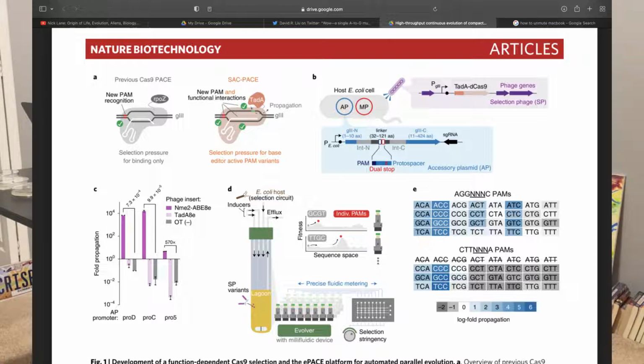Like they're saying the accessory plasmid. So this is the AP, the blue ring. I don't know what that is. And I Googled that stuff and it doesn't tell me what it is. So I don't really know what exactly they did here, but it kind of looks like what I would think.